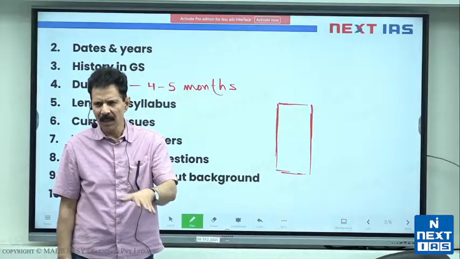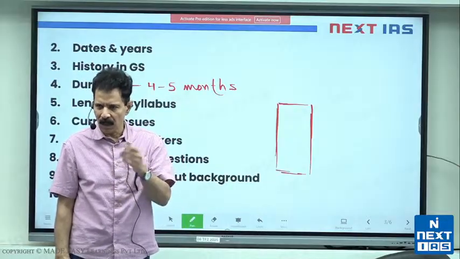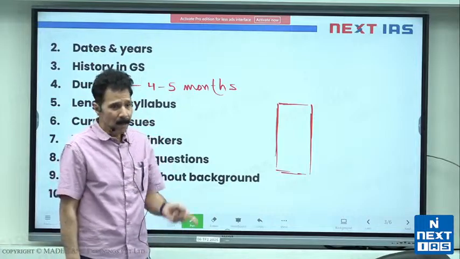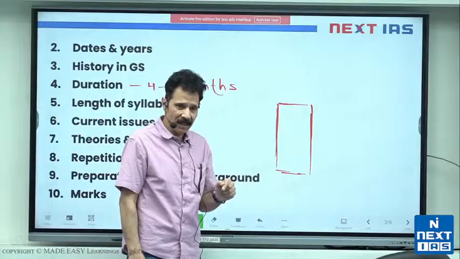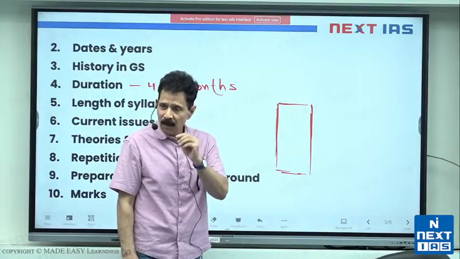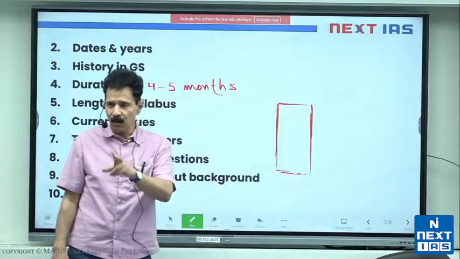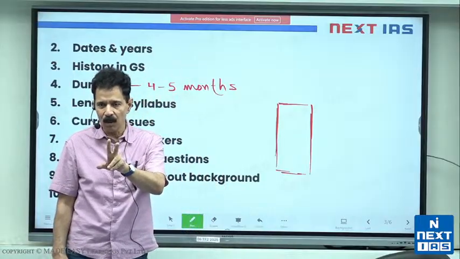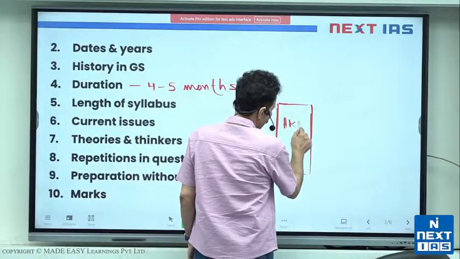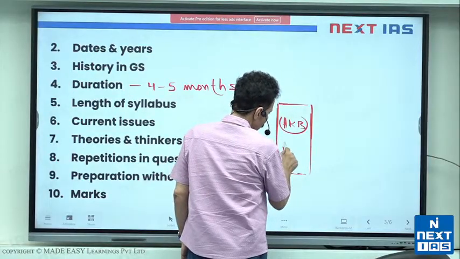So many are mentioned: Babur, Humayun, Akbar, every ruler, even later Mughals. But if you consider the preparation for the main examination, you will find that related to policy matters, only two rulers are important, Akbar and Aurangzeb.